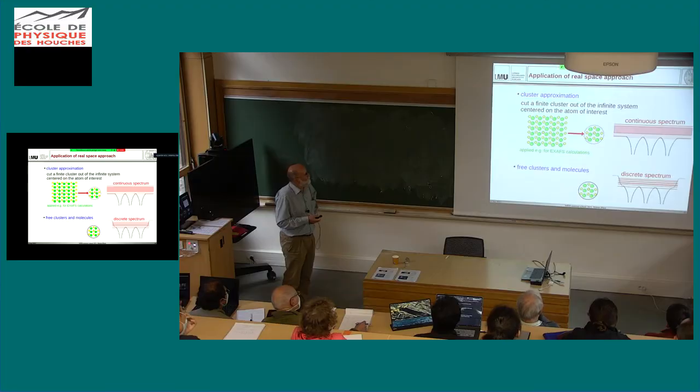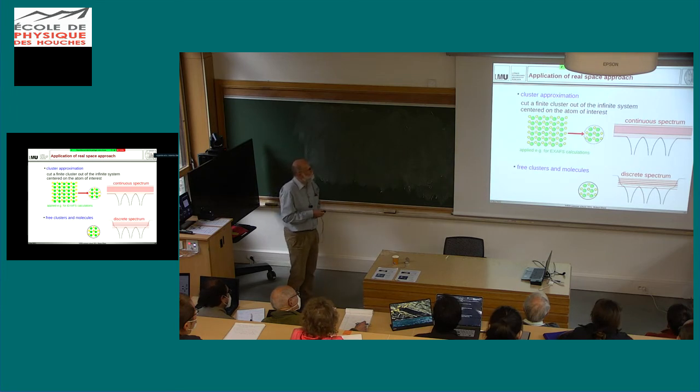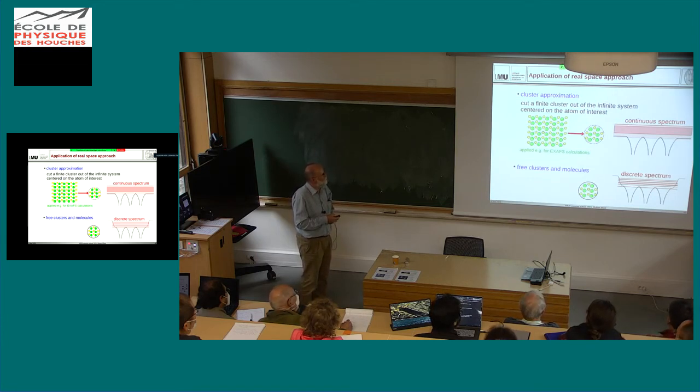Concerning corresponding applications, you could imagine that this scheme could be used to represent a full solid by just picking out some of the atoms and treating them separately. This is, for example, used by default, I would say, in EXAFS calculations, where you use only a finite cluster of atoms and discuss their scattering properties and make the connection to the geometry.